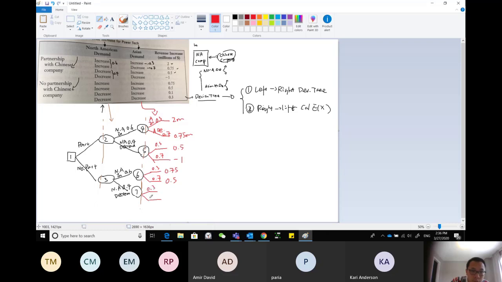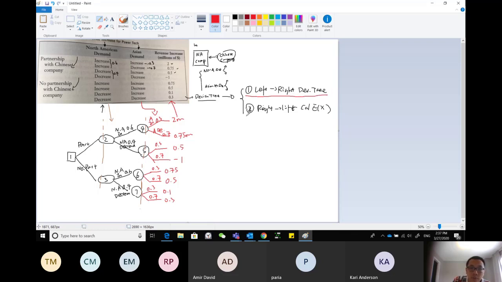So 0.3, 0.7, so that would be 0.1 million and 0.3 million, right? So this corresponds to this, and the revenue corresponds to this column here. Okay, so that's our first step from left to right to develop the tree.